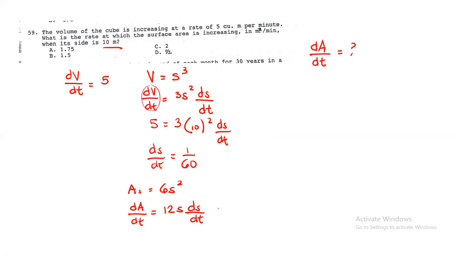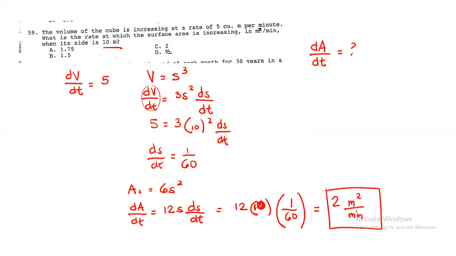So, 12 times s natin is, hindi 5, 10 pala. 10 ang s natin, ang side. So, 12 times 10 times ds over dt, 1 over 60 nakuha natin kanina. So, ang sagot dito, guys, is 2 meters squared per minute. 120 divided by 60 is 2. Yan ang sagot.